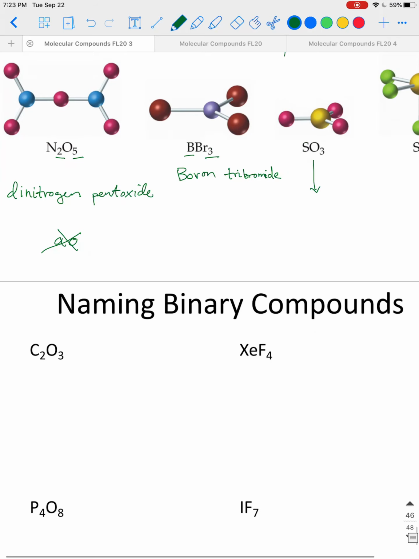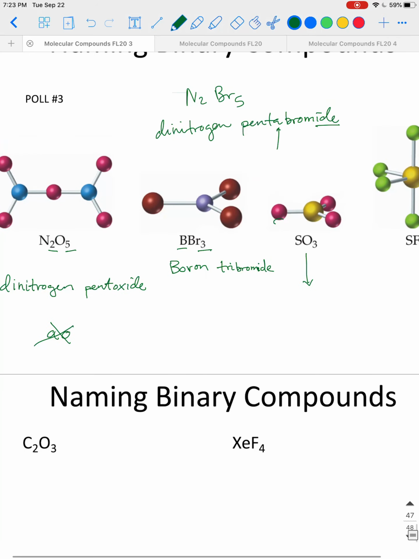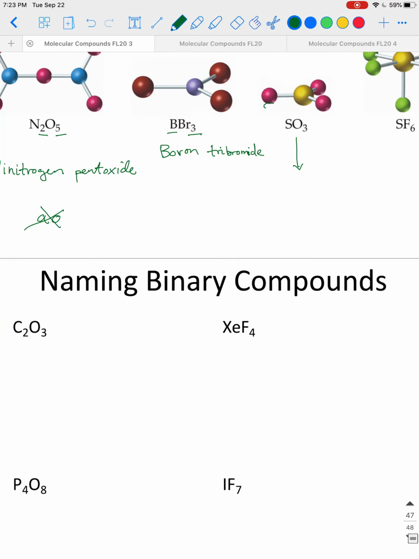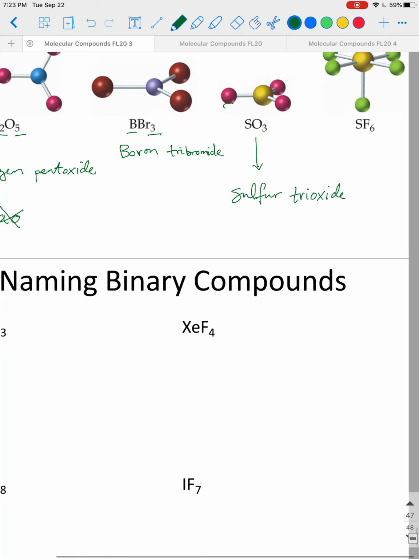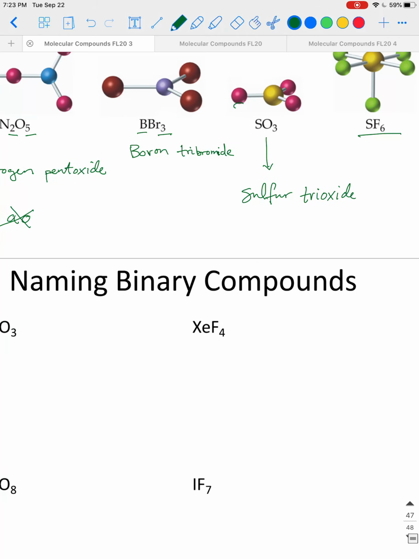Remember, we don't write mono if we have 1, so it's just going to be sulfur. Again, tri is the prefix for 3, so then trioxide. Okay, what would this one be? We would have sulfur, and we don't write mono, just sulfur.